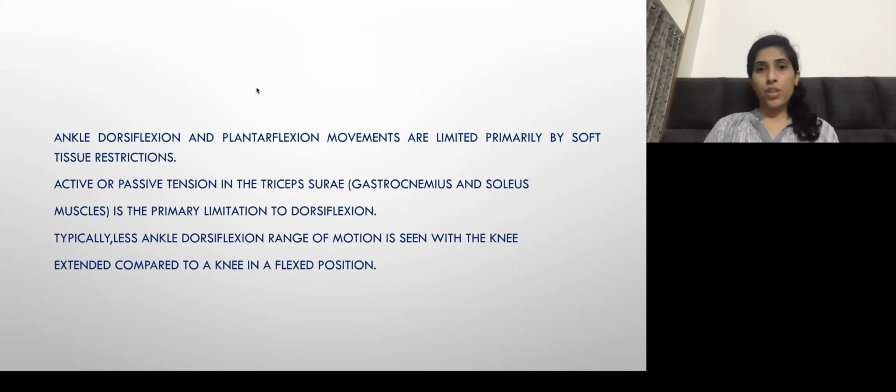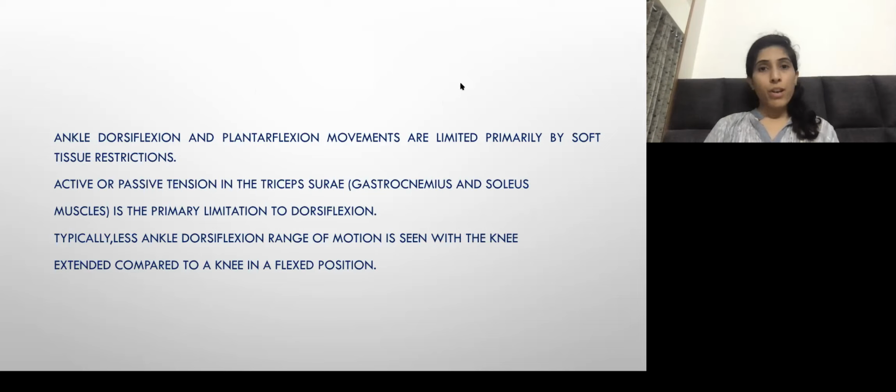Which structures are responsible for the ankle dorsiflexion and plantar flexion range of motion? It is mainly limited by soft tissue restriction, active or passive tension in the triceps surae, that is the gastrocnemius and soleus muscles, which are the primary limitations of dorsiflexion. Typically, less ankle dorsiflexion range of motion is seen with the knee extended compared to the knee flexed.